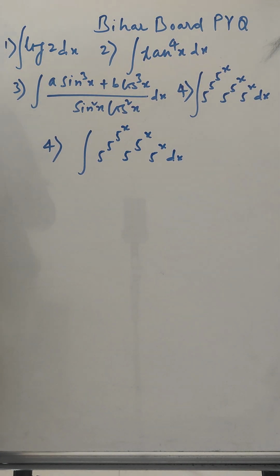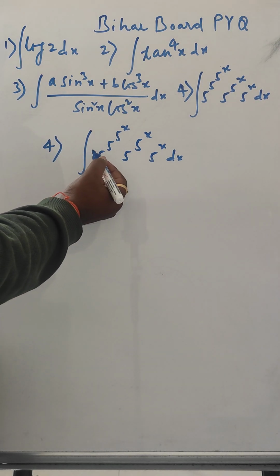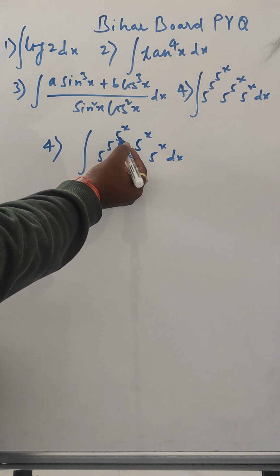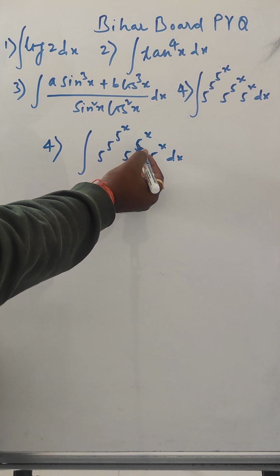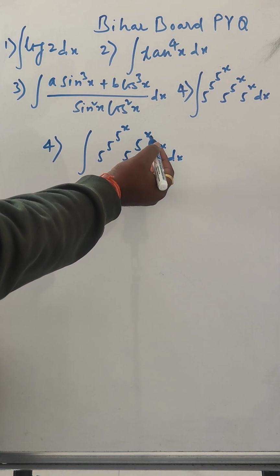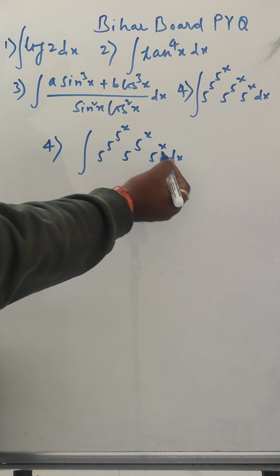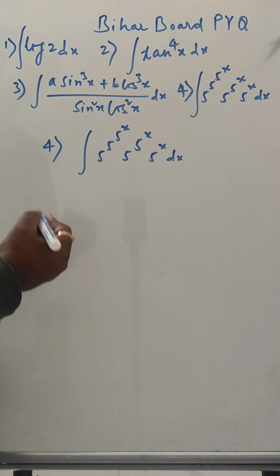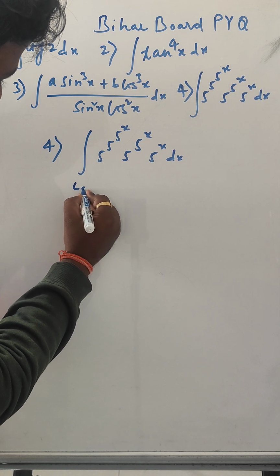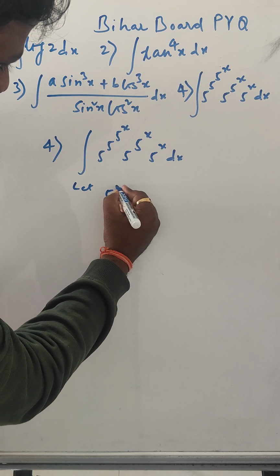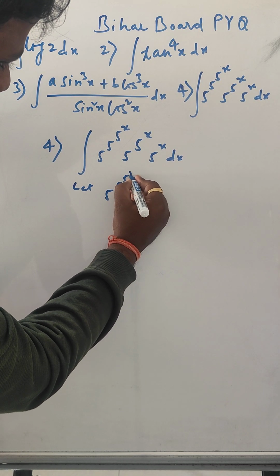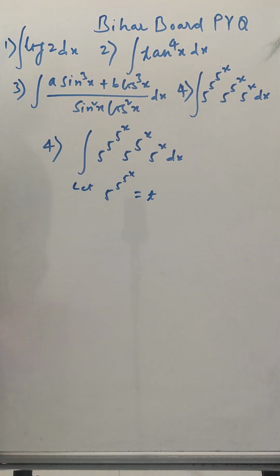This is your problem: 5 to the power 5 to the power 5 to the power x into 5 to the power 5 to the power x into 5 to the power x dx. Okay, so this is the problem. So here we'll let 5 to the power 5 to the power 5 to the power x equal to t.